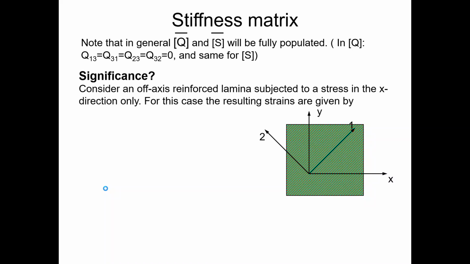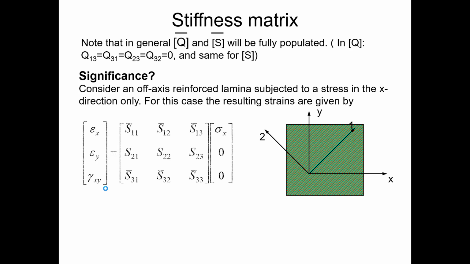What is the significance of these equations? Consider you have an off-axis reinforced lamina subjected to a stress in the x direction only. For this case, the resulting strains are given by this, where you only have the unidirectional stress. Then we can simplify the equation to this one.